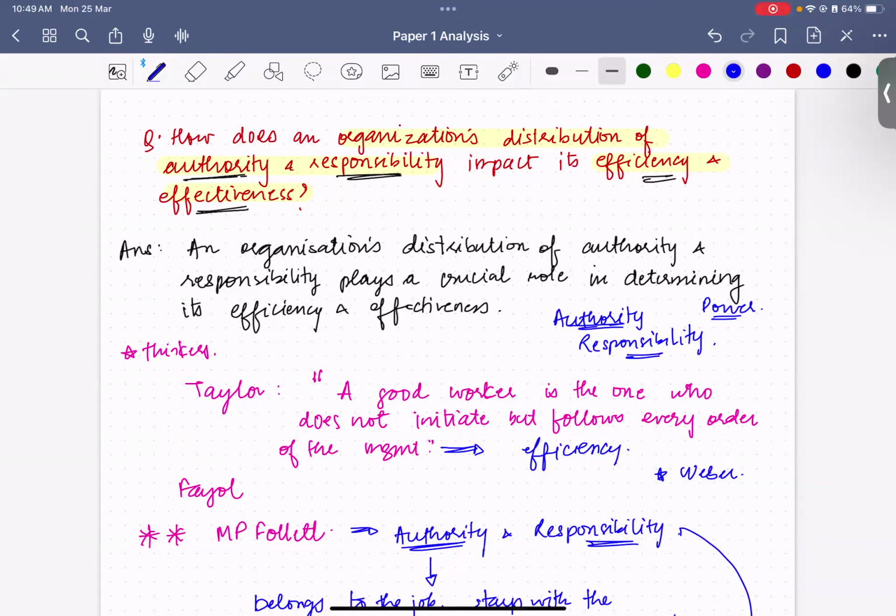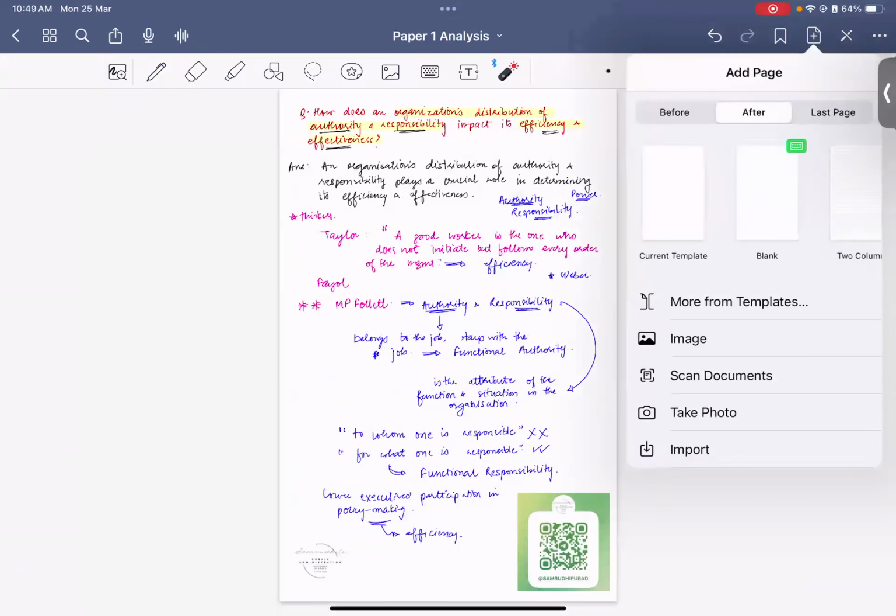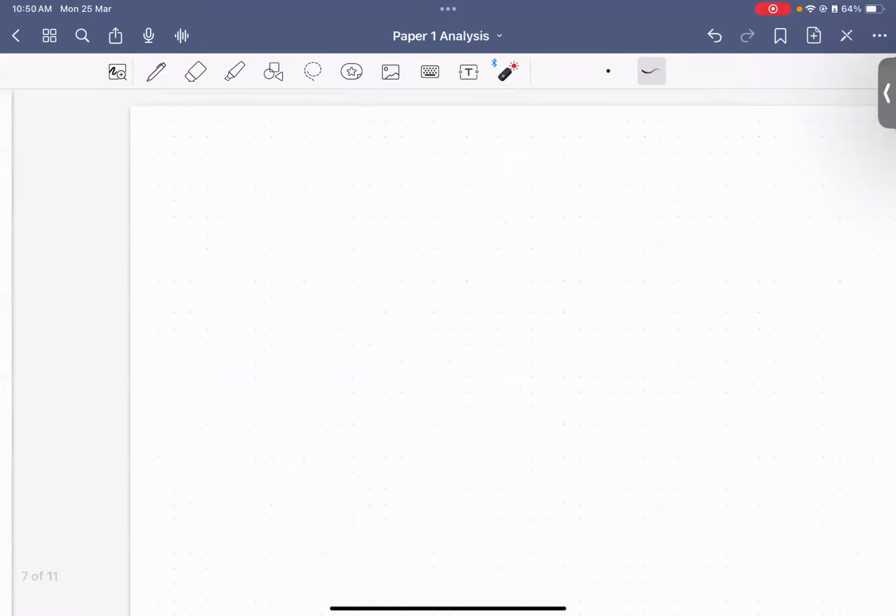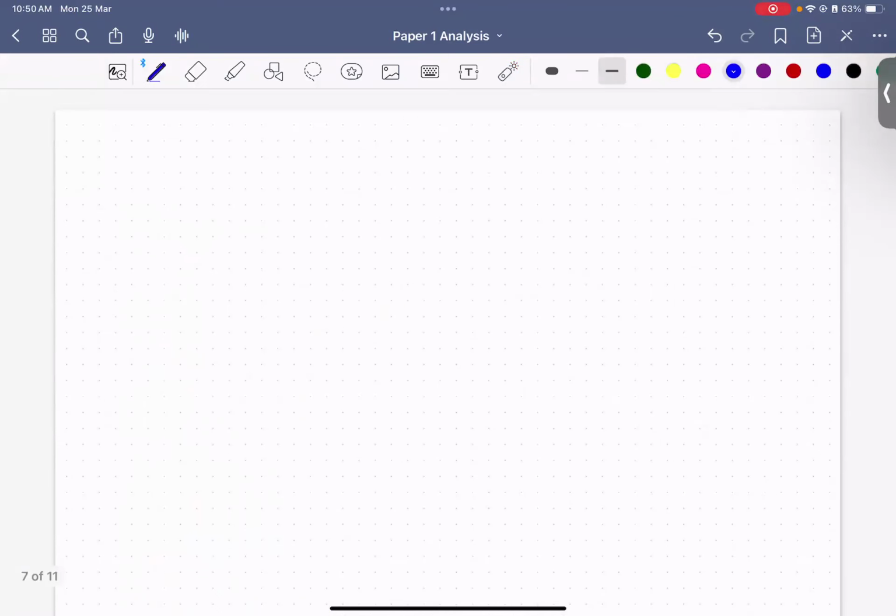Okay, I'll add a page over here. Okay, how will it impact? First of all, for efficiency.